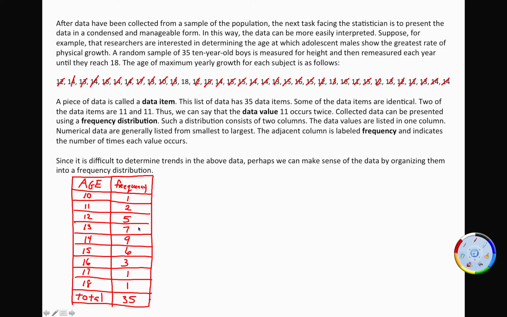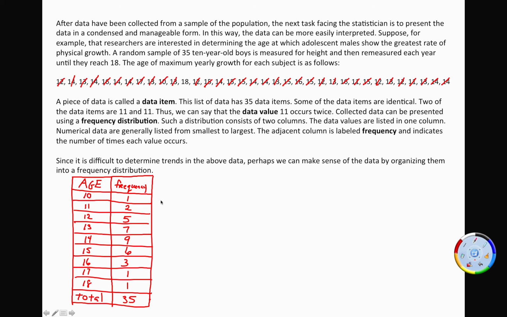We can see that the maximum growth for most of the subjects occurred between 13 to 15, right? And 9 boys experienced maximum growth at age 14. In other words, the biggest amount, more than any other age within the sample, experienced maximum growth when they were 14.